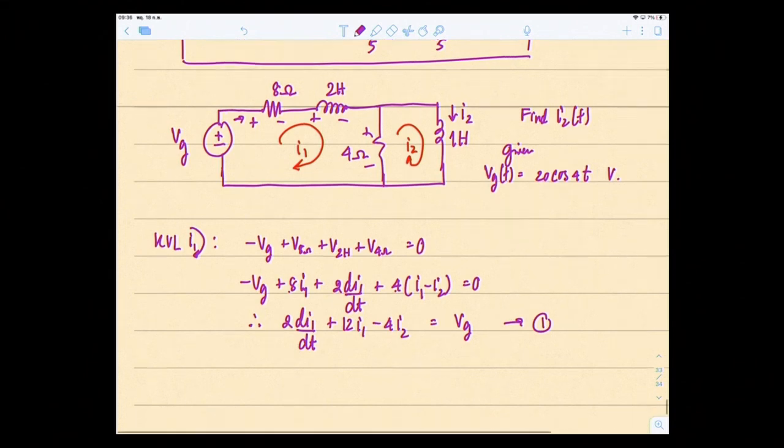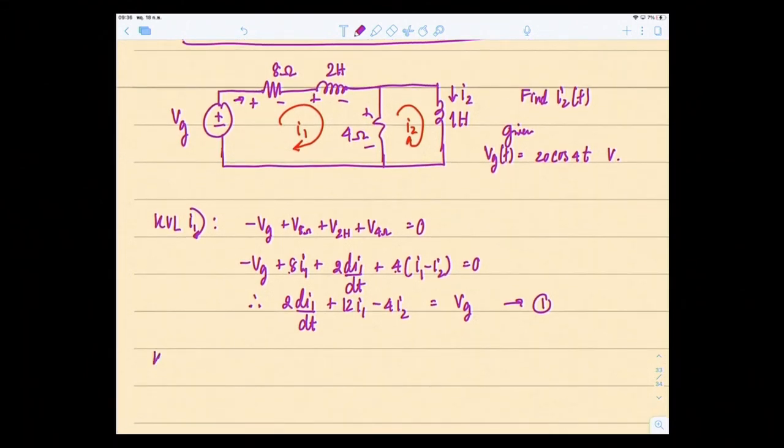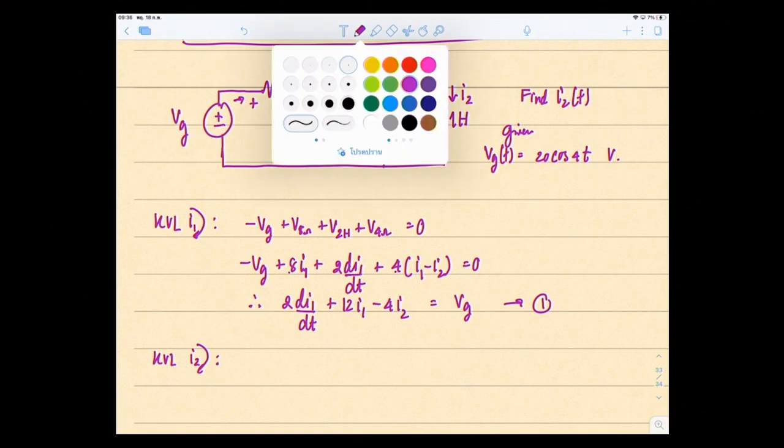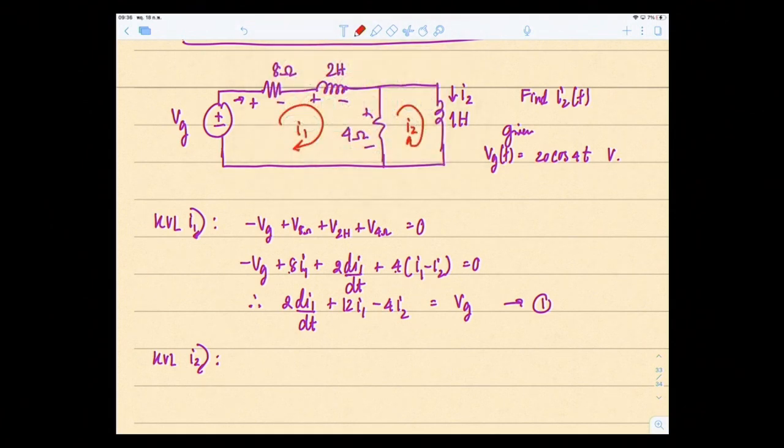Then write down KVL for mesh I2. According to the current I2 going like this, you get the voltage drop across the 4 ohm like this, and this is the voltage drop across the 1 Henry. So you get V across 1 Henry plus V across the 4 ohm, in red, equal to 0.